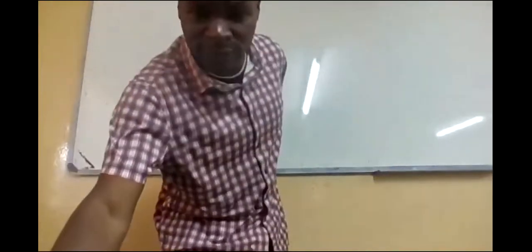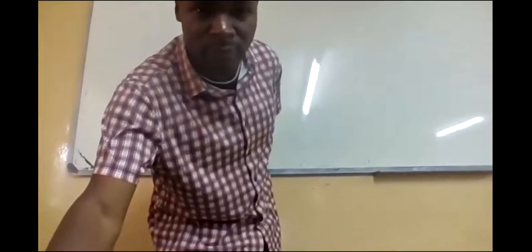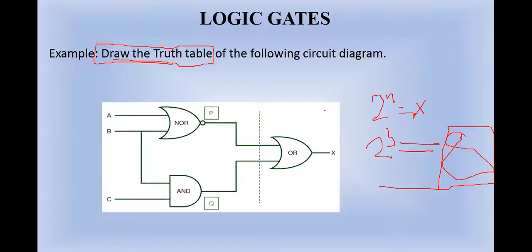So, boys and girls, what we are looking at here is this question. This is a serious example we are looking at. They are telling us: can you draw the truth table of the following circuit diagram? That's the question. So before you start drawing the truth table, you first count the number of inputs.